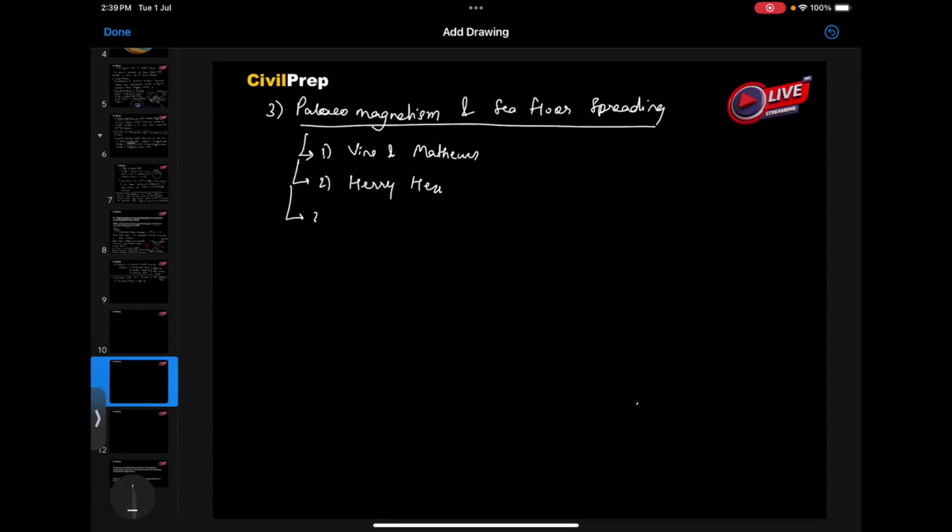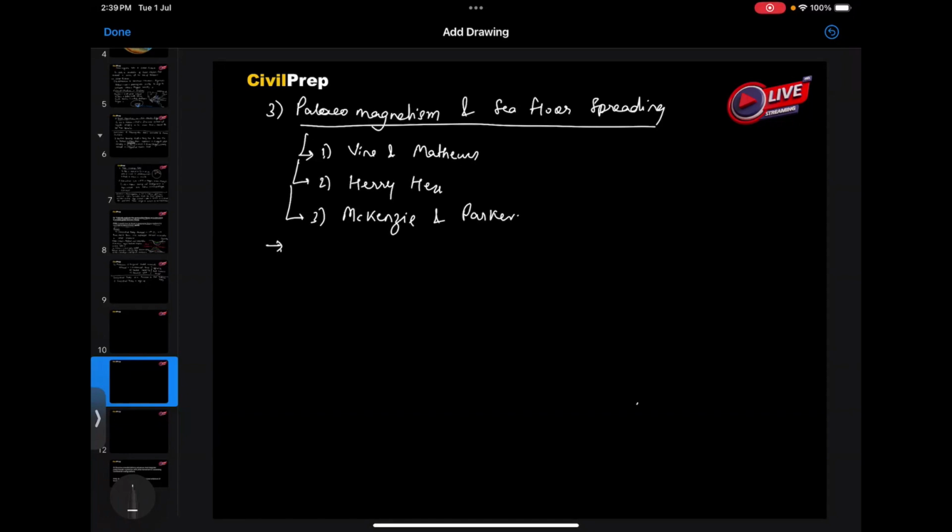Then under the plate tectonic model, we have McKenzie and Parker. So they are related to the development of this paleomagnetism and seafloor spreading theory.